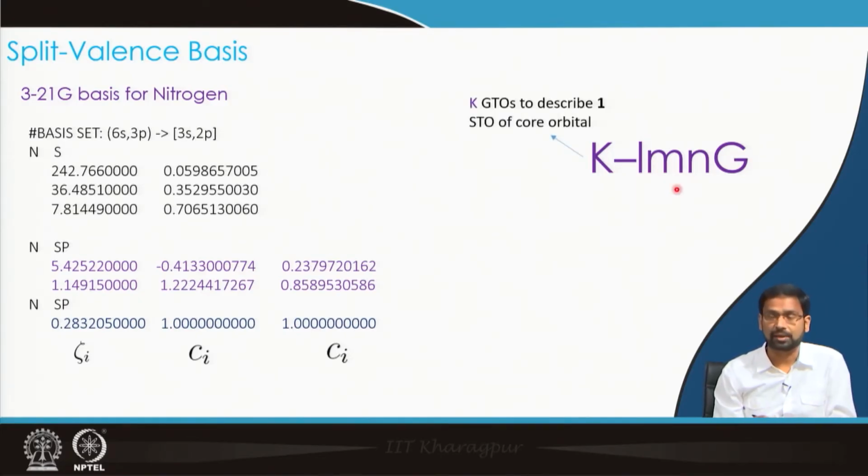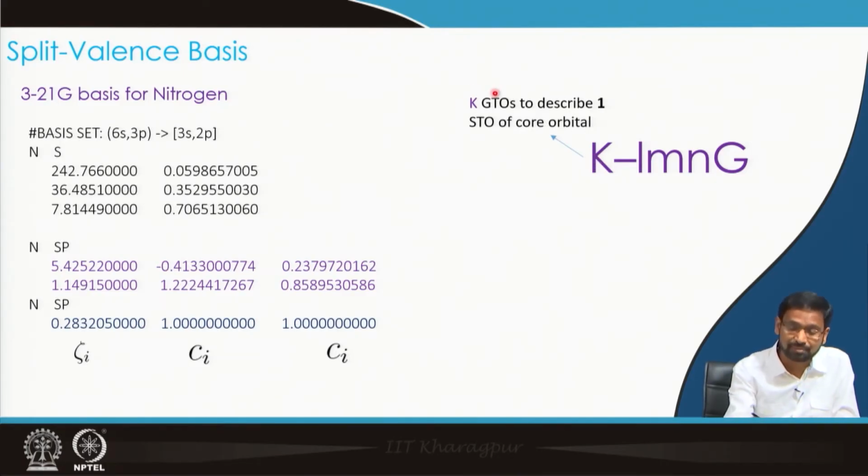First thing is about K. This K number would indicate, so the first number is about the core orbitals. The value of K, whether it is 3 in this case or 6 or whatever number would come up, would tell me that for the core orbitals, I am defining one Slater type orbital, but this Slater type orbital is being expressed in terms of how many Gaussian type of functions.